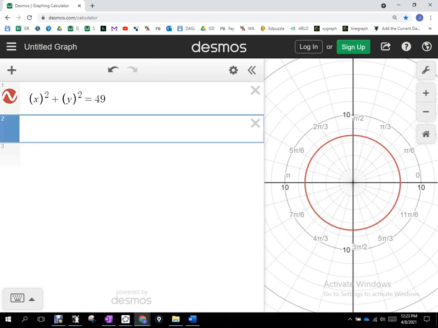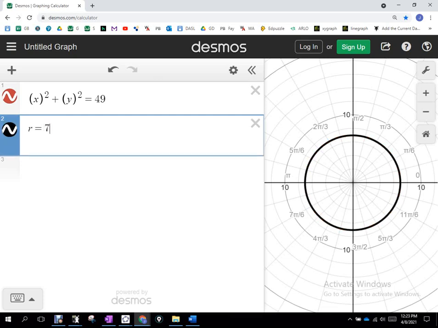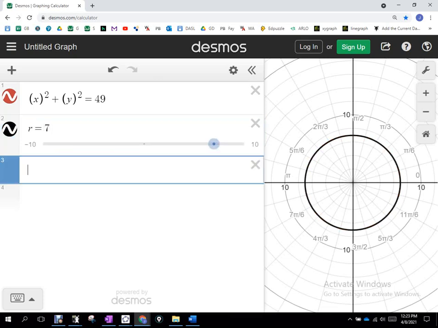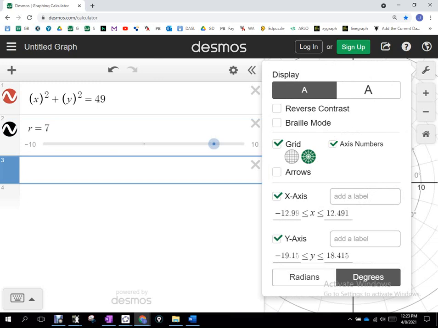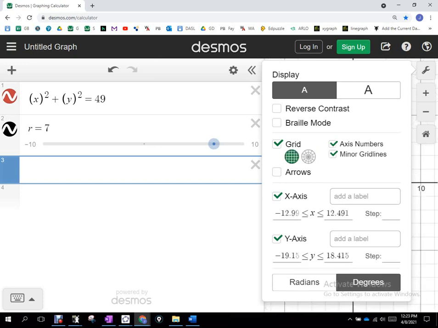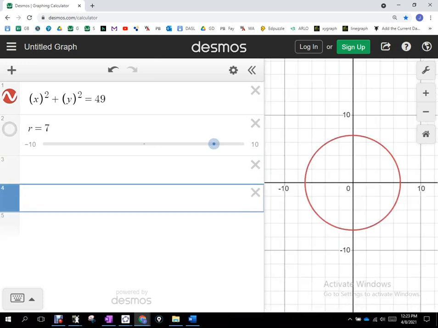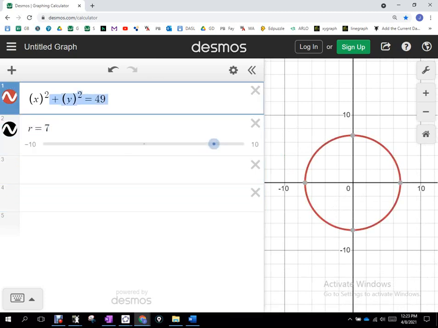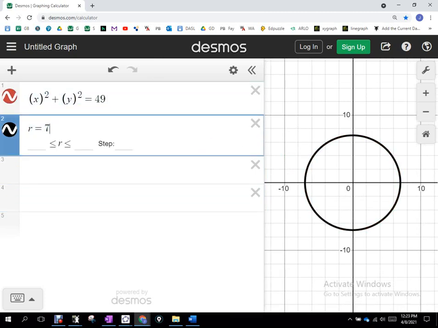But if I hit r equals 7 here in polar coordinates, that is the same equation as that, and that's much easier to deal with algebraically than this.